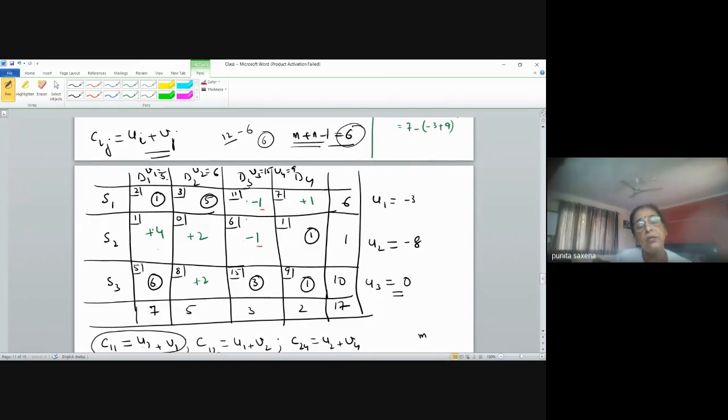Otherwise, we would have taken the one with the most negative Dij to enter the basis. You have these occupied cells as the basic variables, and the remaining are non-basic variables. One of the non-basic variables must enter the basis because we cannot have more than m plus n minus 1 allocated cells.